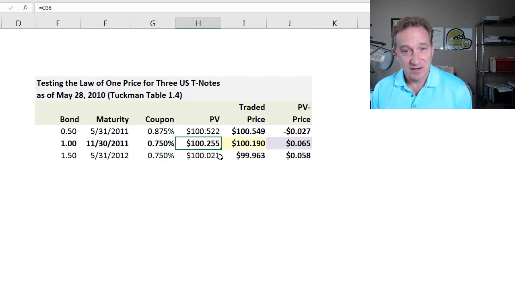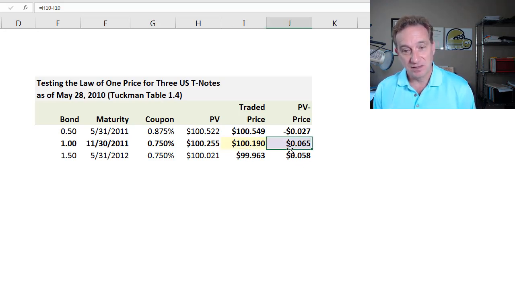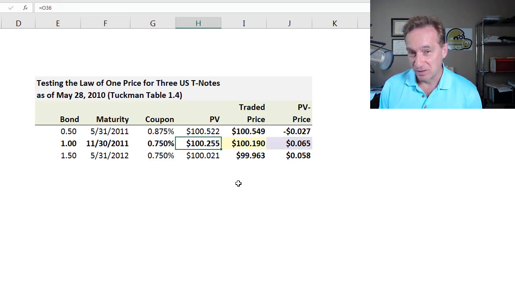And if we use the discount factors to price it as we normally would, its theoretical price is $100.255 or about 25 cents. And the opportunity is that we observe in the marketplace, it has a traded price of $100.19. Right, so the traded price is about 6.5 cents less than the theoretical bond price.